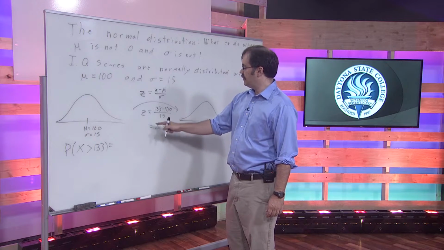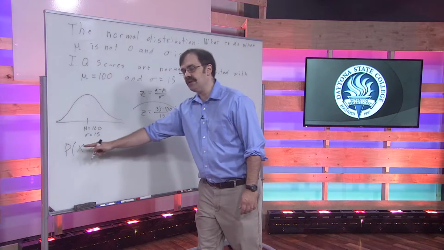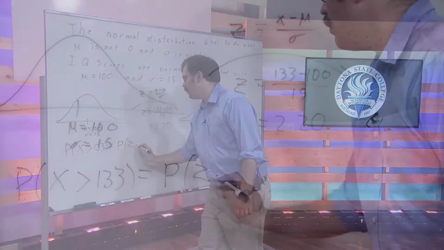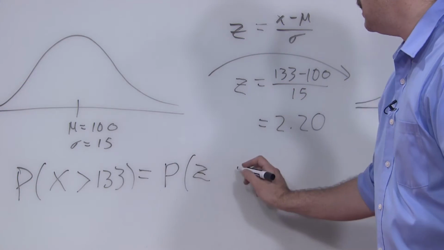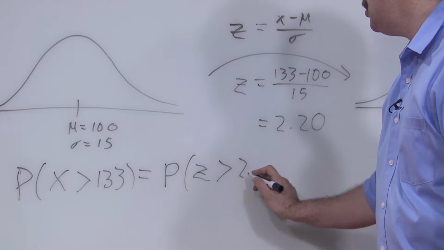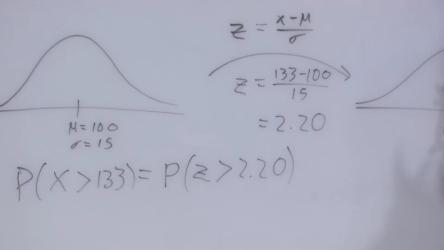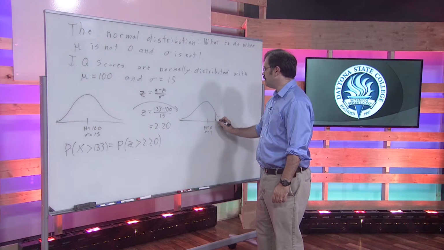So really, the equivalent question is, what is the probability that the z-score for a given person is greater than 2.20? Now we've converted it into a problem with the standard normal distribution.